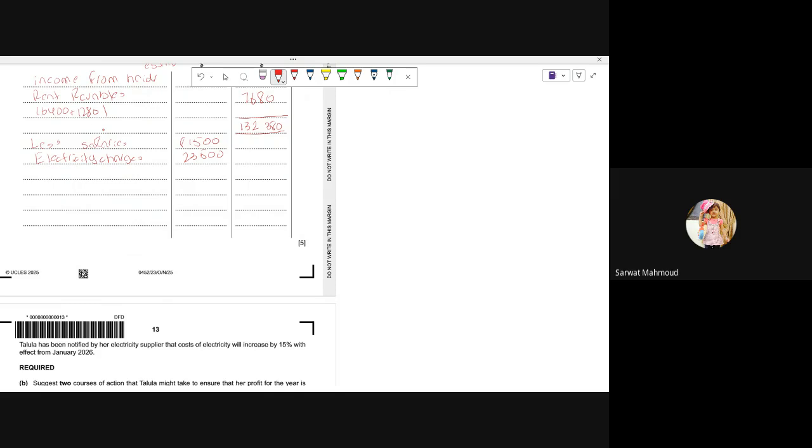Water charges, 150. General expense, 952. And then insurance.